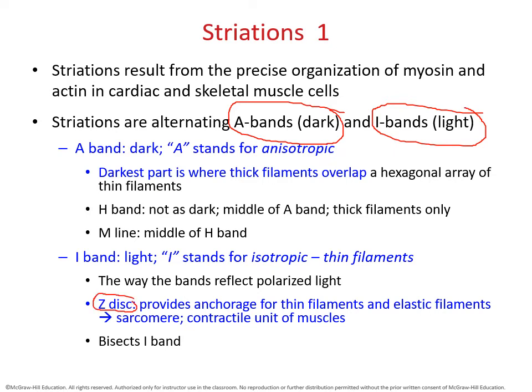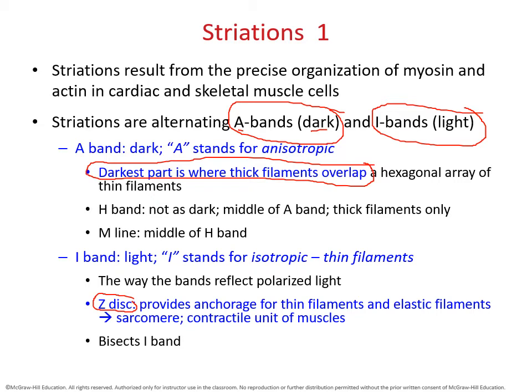The A band, A stands for dark, is going to be the region where you have your thick filaments overlapping with your thin filaments. So by stacking the thick filaments over the thin filaments, it's going to obviously create a thicker area, which is then labeled as the A band, the dark band.